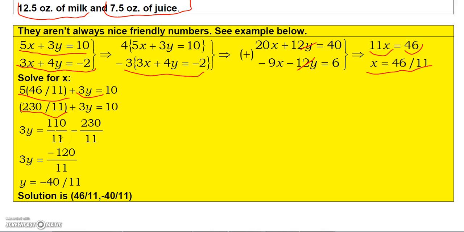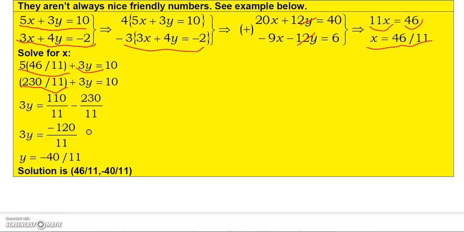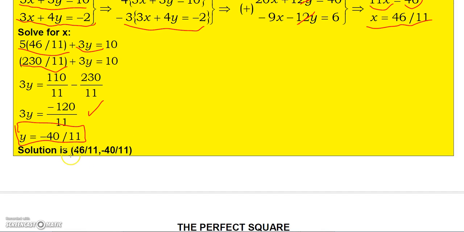Well, 10 can be written as 110 over 11. So then you have 110 over 11 minus 230 over 11, which gives you -120 over 11. And then divide both sides by 3, or if you prefer, multiply both sides by 1/3, and the 3 will divide into the -120, giving me -40 over 11. So there you can see that we don't always get nice round numbers.